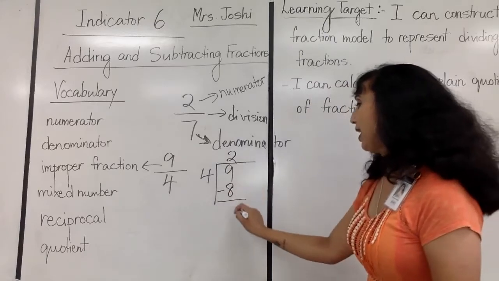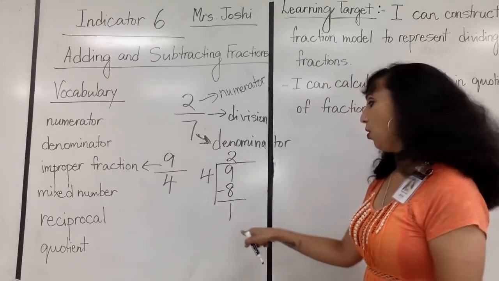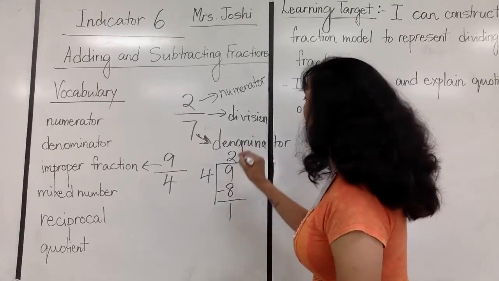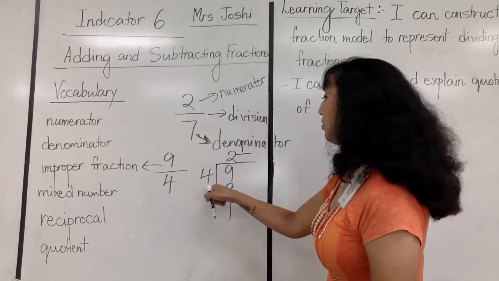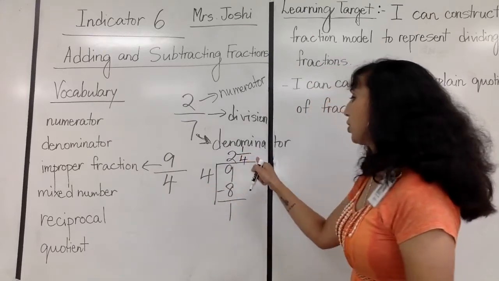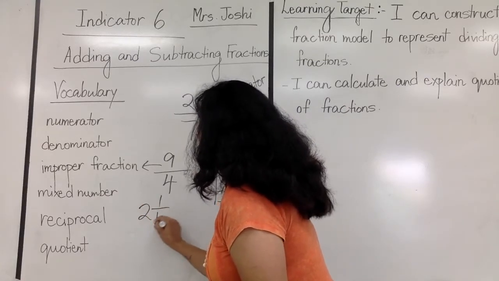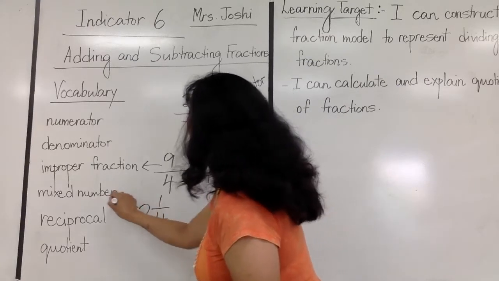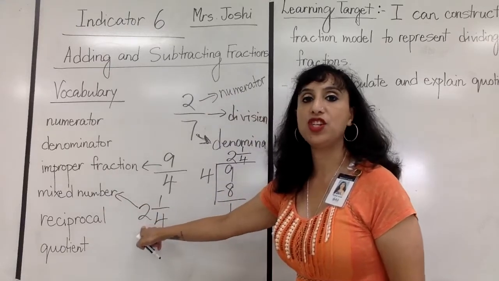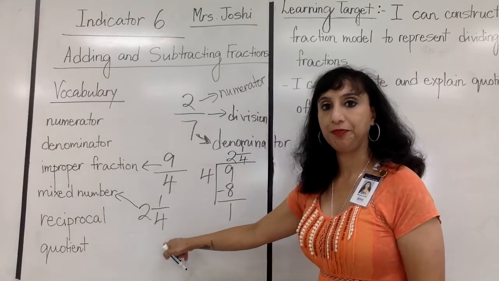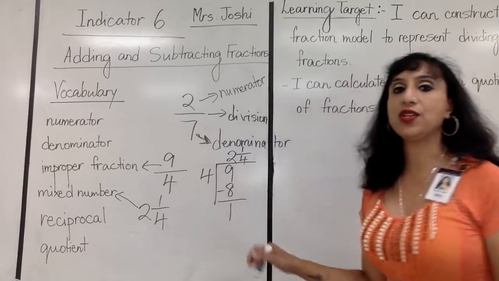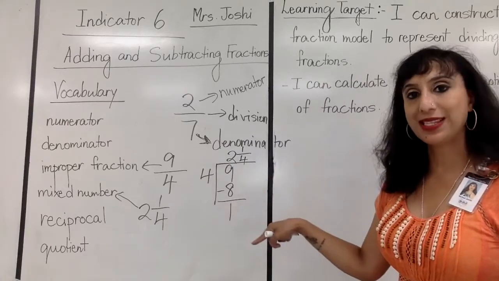And 9 minus 8 is 1. So my remainder becomes the numerator. And then my denominator is going to stay the same. So 2 and 1/4 is my mixed number because it has a whole number part which is attached to a fraction. So I just showed you how to change an improper fraction into a mixed number.